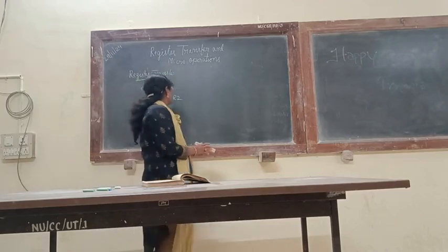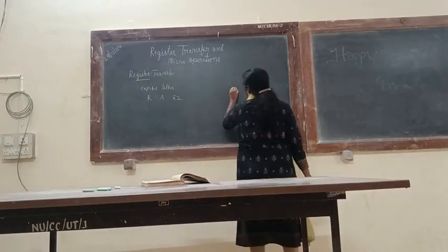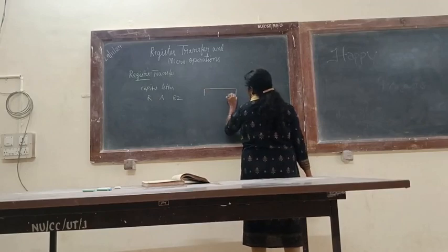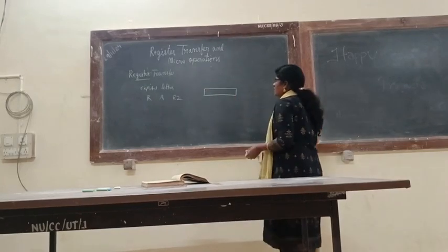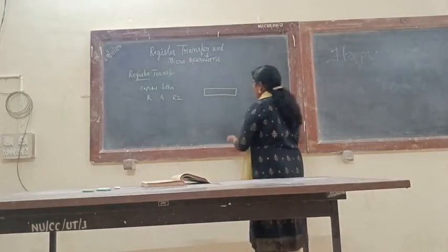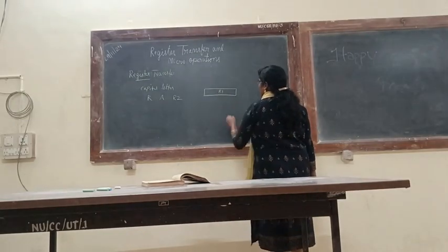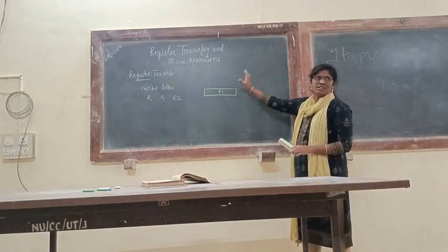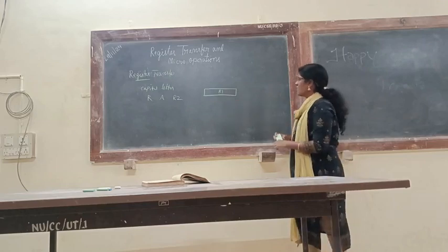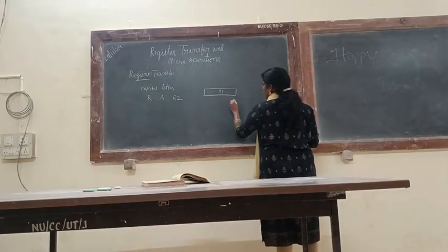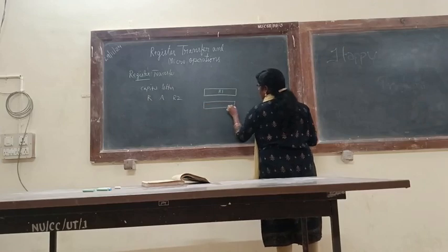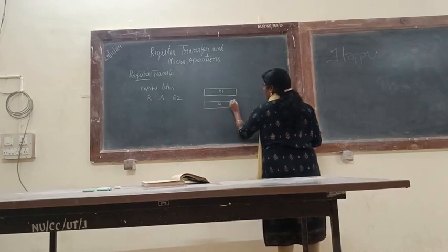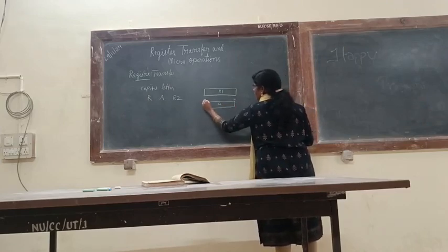And also, how is it represented in the symbolic notation? Simply we write R1. In a rectangular box, we represent the register. Suppose we write 0 and here we have 7.